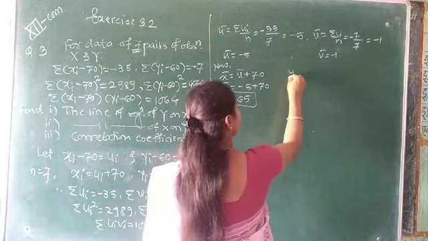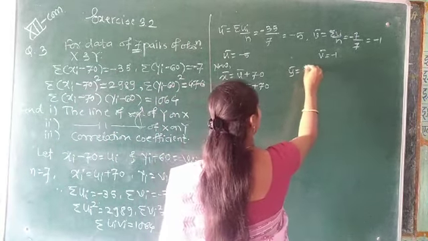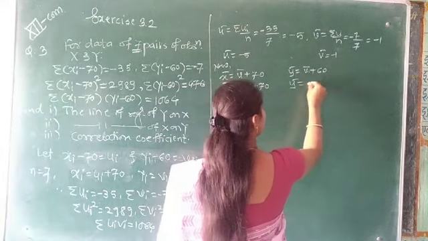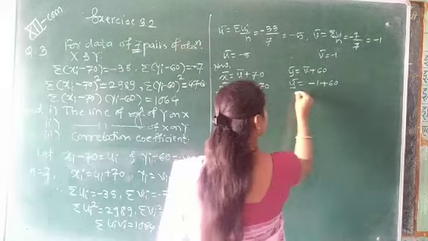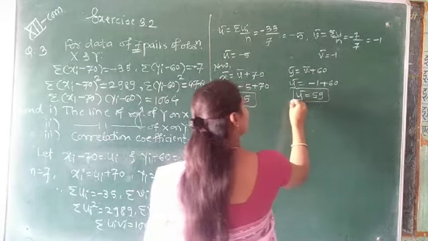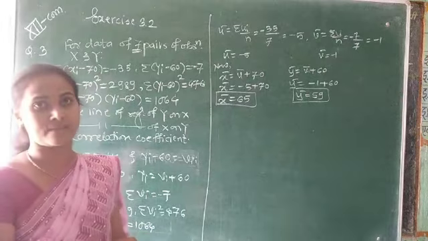Again y bar is equal to v bar plus 60, and v bar is minus 1, plus 60, therefore y bar is equal to 59. Now we have the values of x bar and y bar.